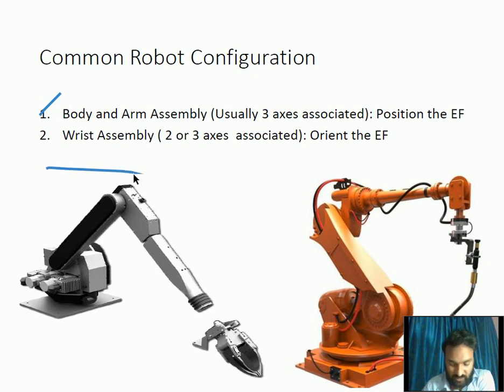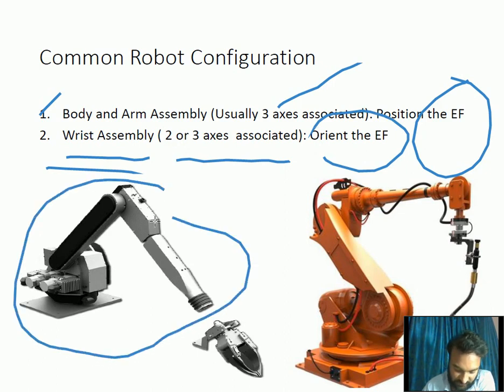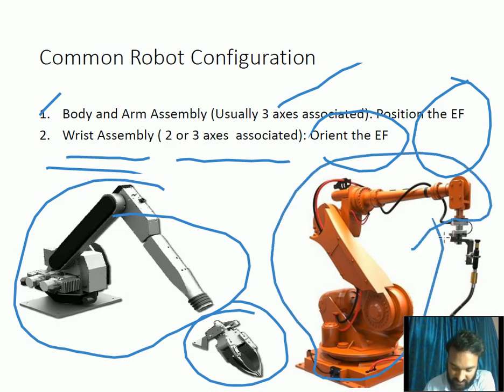In the body and arm, usually 3 axes are used to position the end effector. Then in the wrist assembly, 2 or 3 axes are used to orient the end effector. Now if this one is complete, this is the body and arm, and in this particular case, this one is the end effector. Again, this one is up to the body and arm, and here we have attached a welding torch.